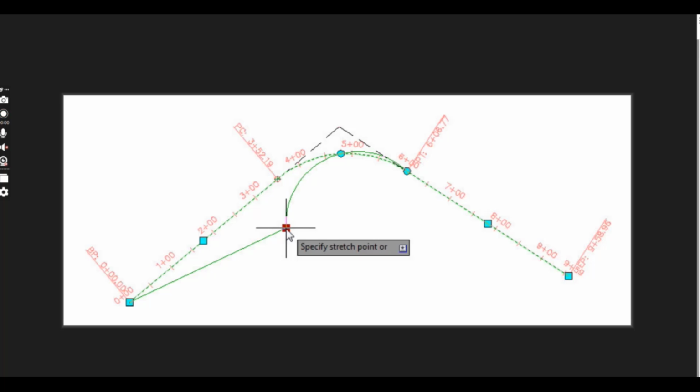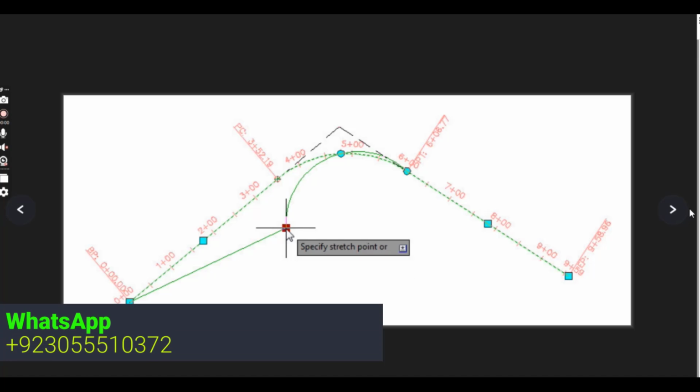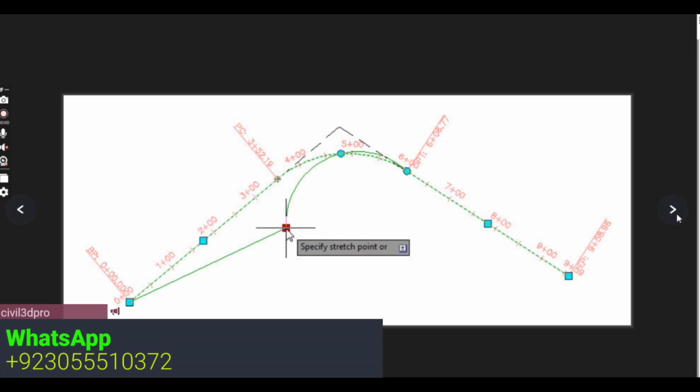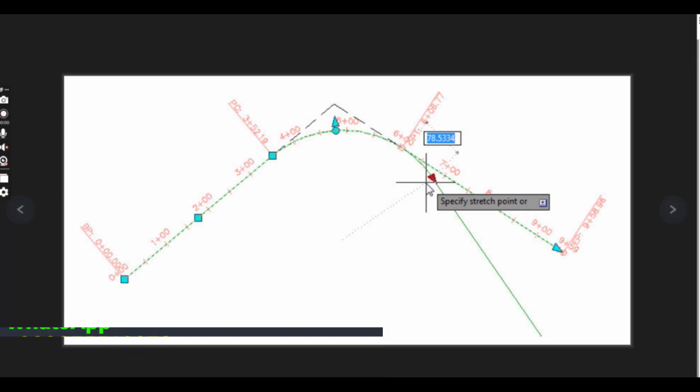So an alignment that is defined from lines and arcs will have its segments fixed. If the lines on both sides of the arcs are tangent, they will be defined as free segments.